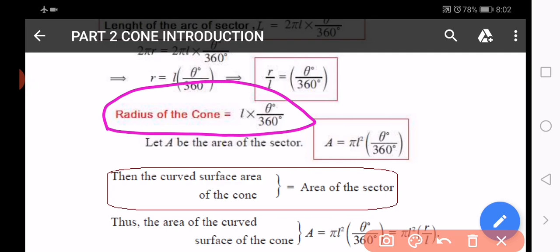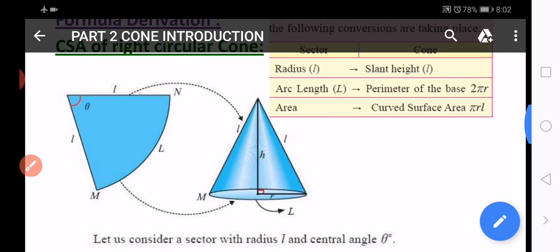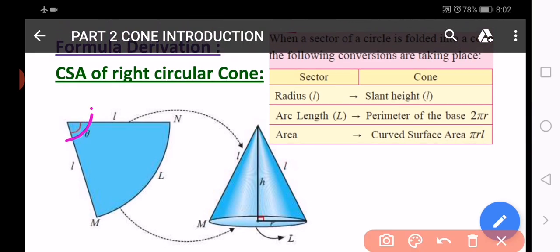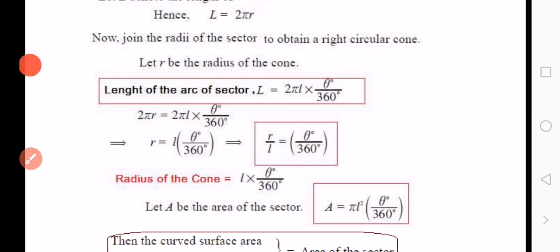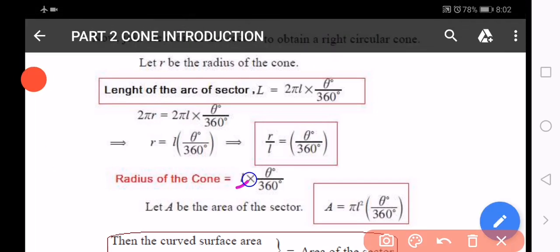If the center angle theta and the radius L are given, then the radius of the cone is equal to L into theta by 360 degree. That is to find the radius of the cone.